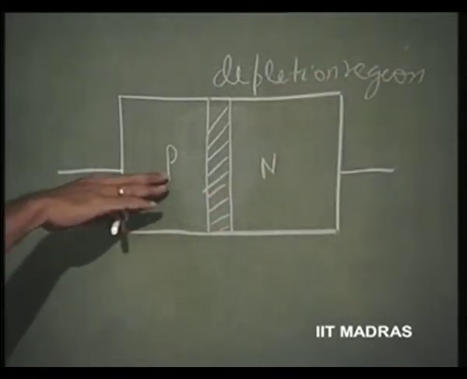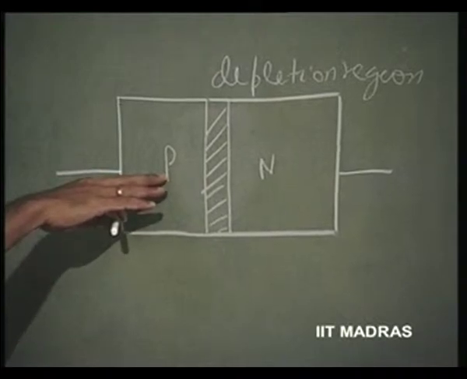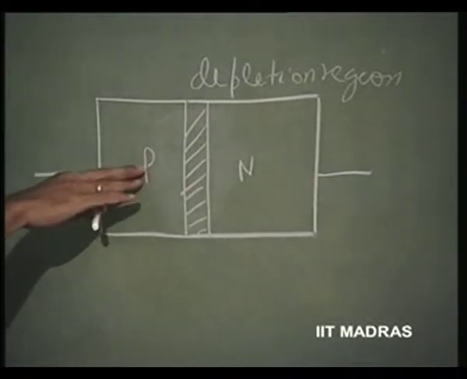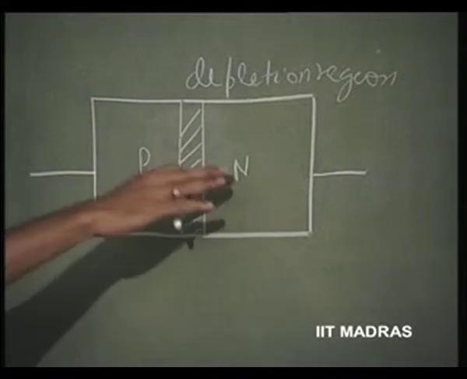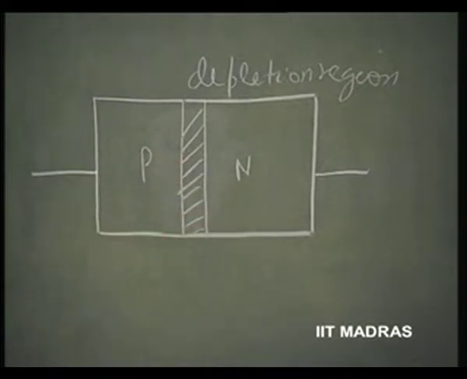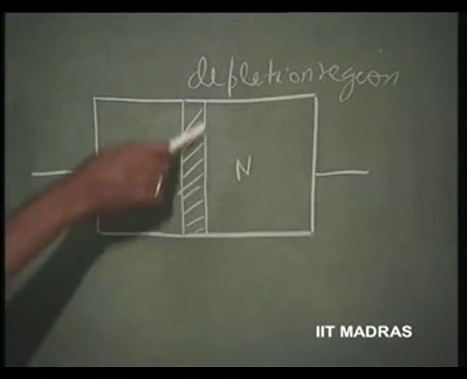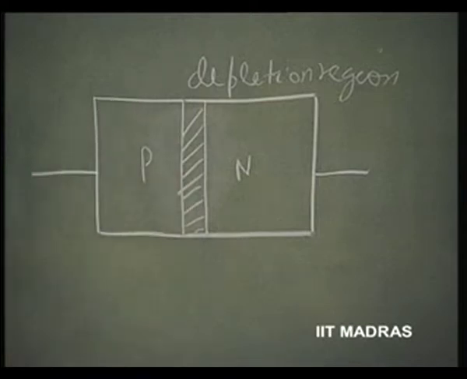The p side comprises of free carriers which are called holes, n side comprises of free carriers which are called electrons. Since they are free carriers, the moment they are brought together, junction is formulated, they have a tendency to merge with one another. Hole has a tendency to merge with the electron and vanish. Then this region at the junction becomes free of carriers.